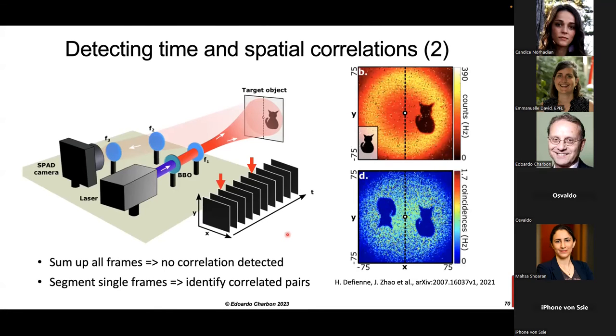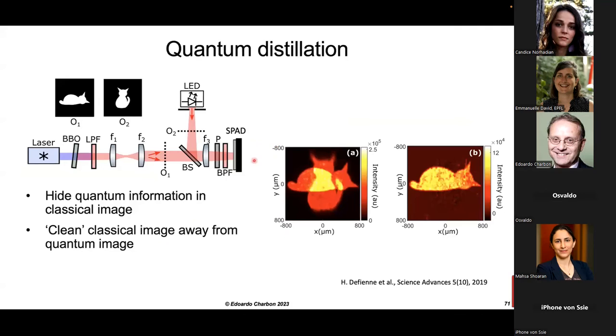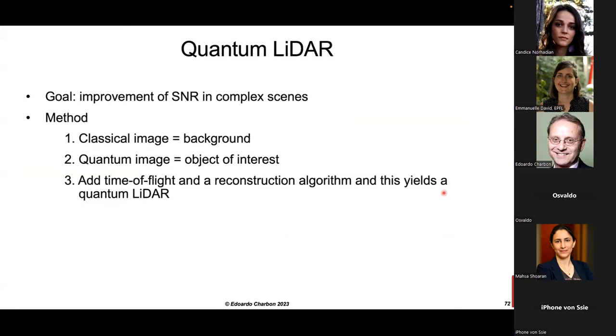This is very useful for information hiding, but it's also interesting in other applications, like quantum distillation, which has two images that one can recognize from each other, and quantum LiDAR, where the classical image is the background, and the quantum image is the object of interest obtained by reflecting entangled photons.